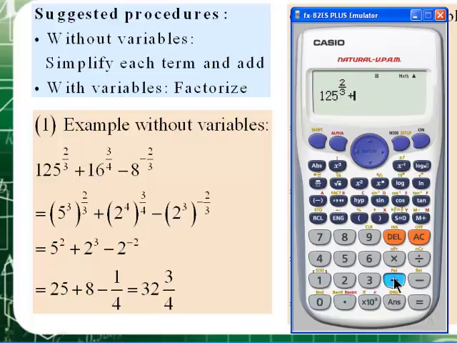Plus 16 to the power, and again the power is a fraction, in this case 3/4.